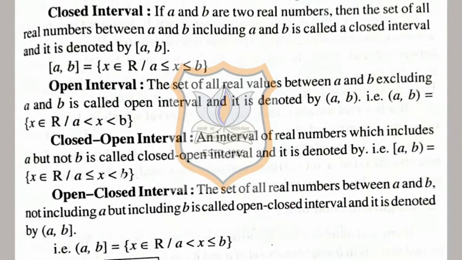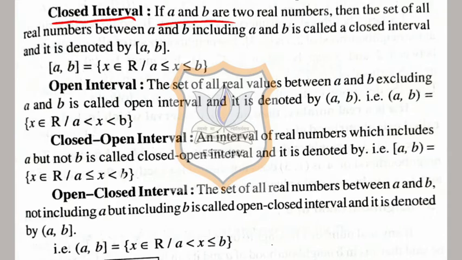The intervals can be classified into four types. The first one is closed interval. If we take a set of real numbers a and b, and the numbers which we are including in this set are a, b, and the numbers between them, then it is called closed interval.